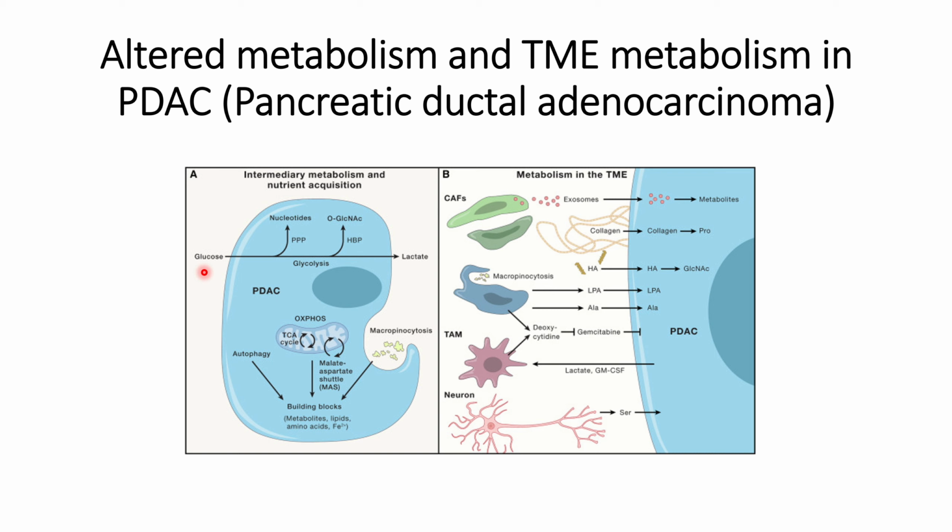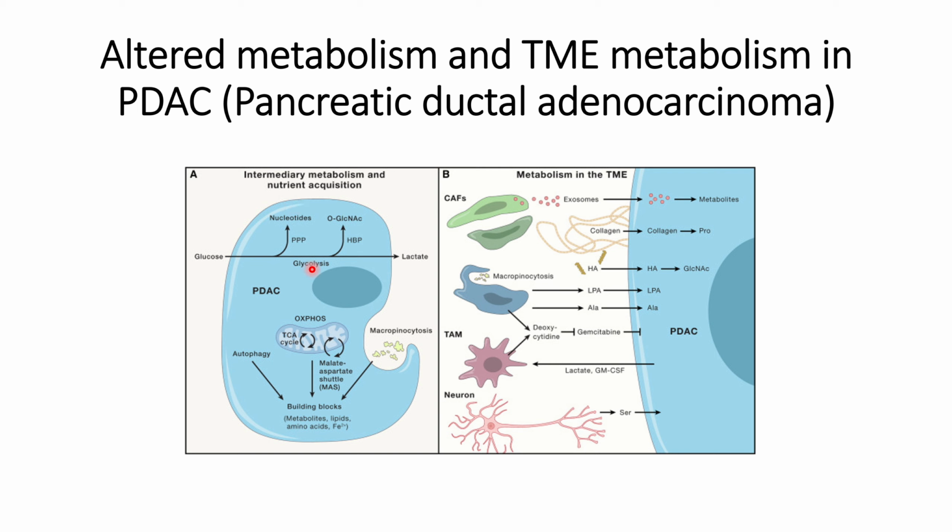The first and most important change is the utilization of glucose. Glucose is utilized in the cancer cells mainly in the HBP pathway, which helps in the formation of O-glycan, and also in nucleotide formation through the PPP pathway.